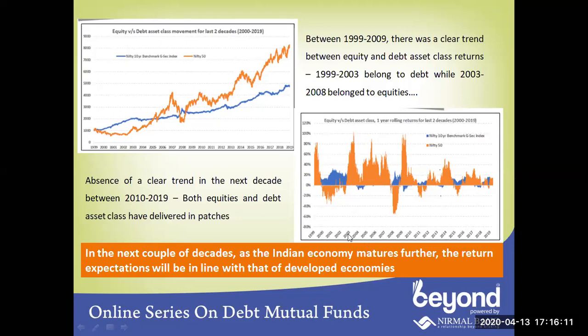In 2003 to 2008, equity actually outperformed the GSEC. But from 2008-2009 onwards, it's a very mixed picture. Somewhere equity is down and GSEC is performing, then equity does better. It's not clearly indicating which era we are in.